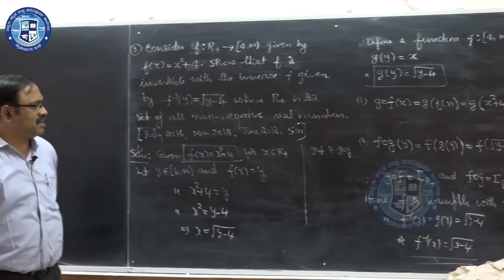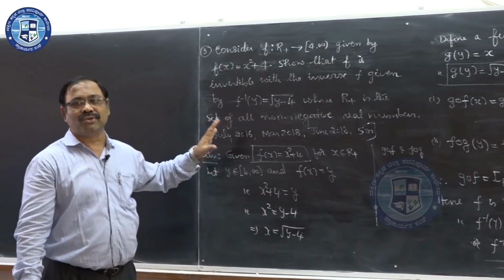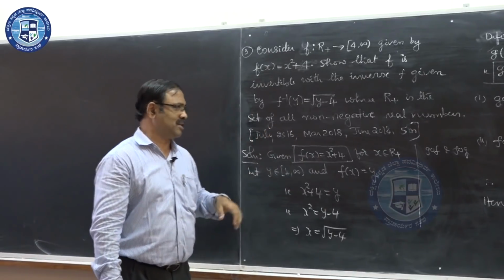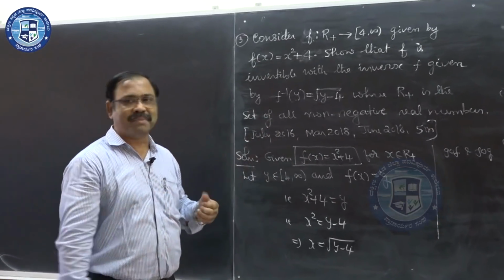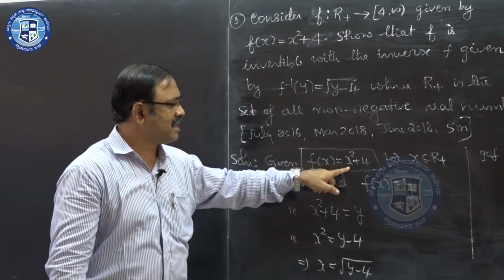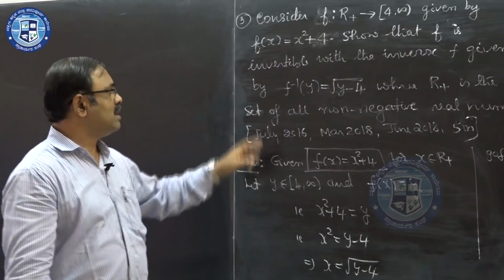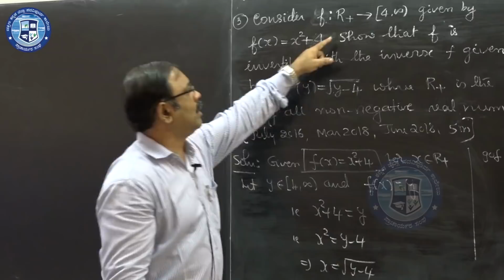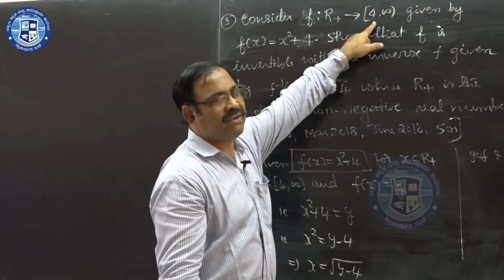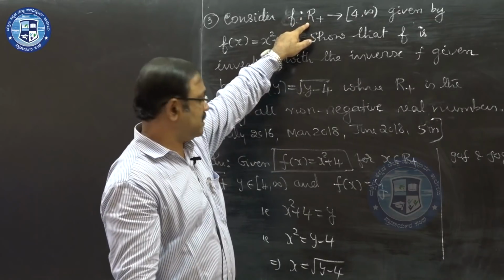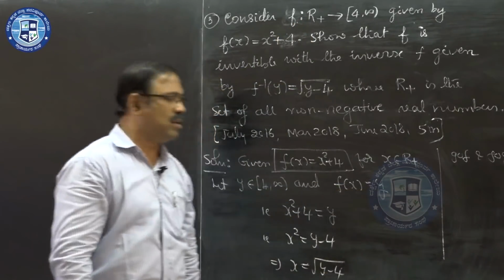So see, hardly we have got 4 to 5 problems, and one question will definitely be asked for 5 marks. So you have to work this out repeatedly. Just look here. The function is f of x equal to x square plus 4. Now you are finding a function g of y. For some y belonging to this set, you are finding some element x in the domain such that f of x is equal to y.